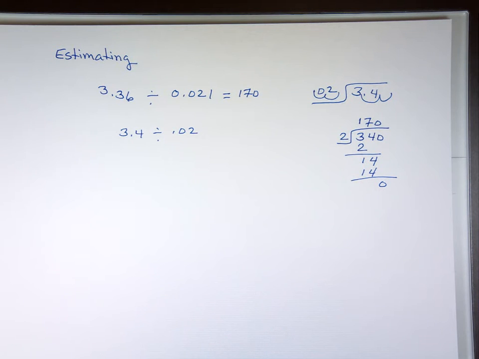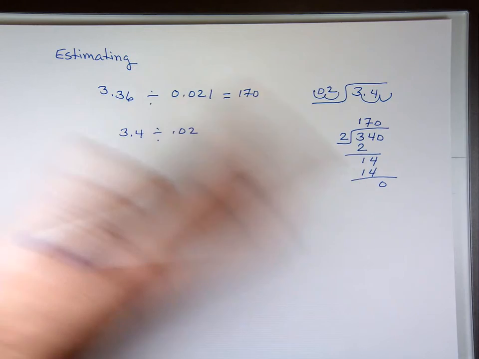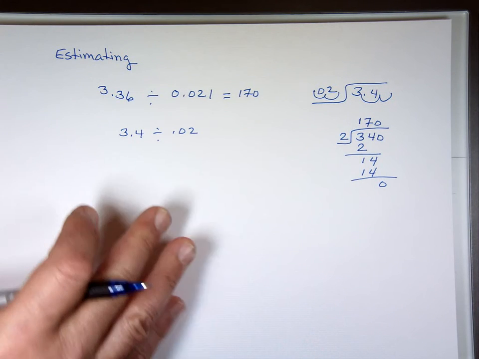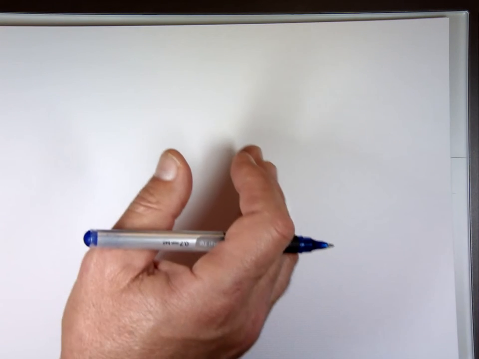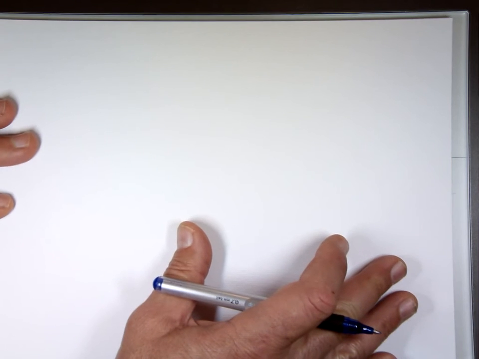So when you try to estimate, make sure you round the number first, then you do the math. The other thing you might see is fractions. I know you don't like fractions, I keep bringing them up because everyone hated them in chapter 2, bless you.